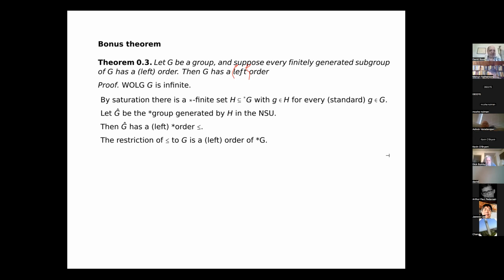And so we can talk about them all using first order sentences. If you have a subset A of your group, then in the non-standard universe you can say for all x in star A, something is true.